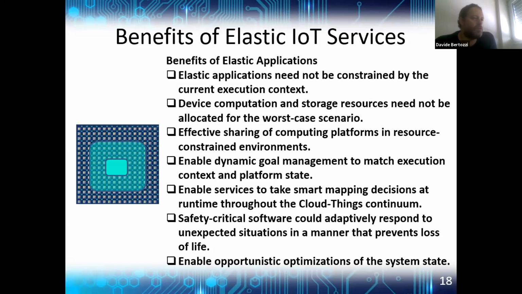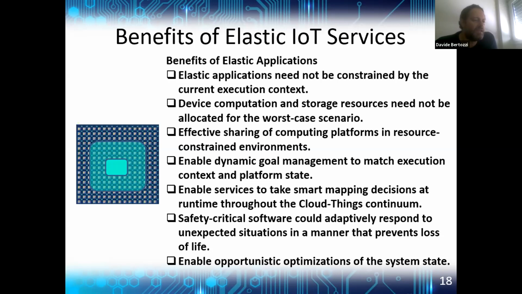Moreover, it's possible to perform dynamic goal management because you can match the goal of your execution to the execution context and to the platform state. You may enable services to take smart mapping decisions, such as asking more resources on the fog node or to be directly migrated to the cloud.